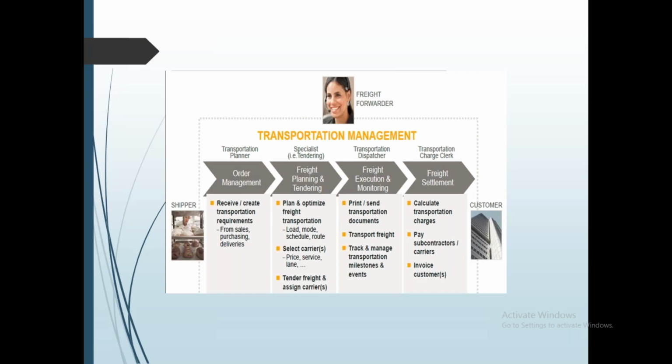So now I start to look at which resource should be available to make this transportation possible. Because transportation means you need certain resources. A resource can be a ship, a flight, a truck, a rail car, a parcel, anything, correct? You need some means to transport the product from one location to another.